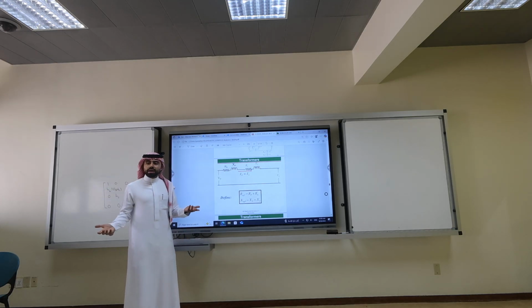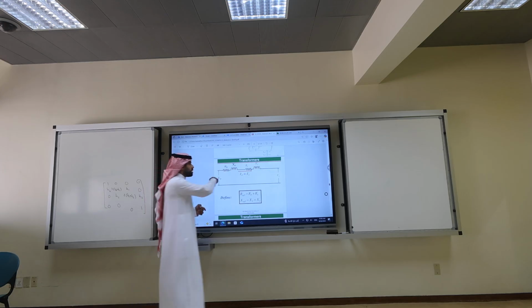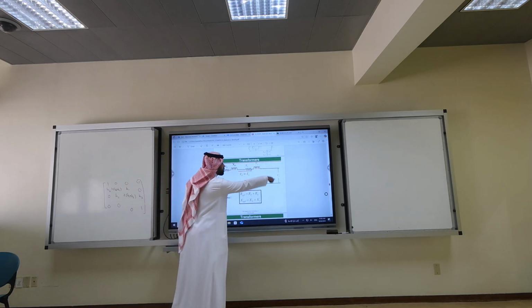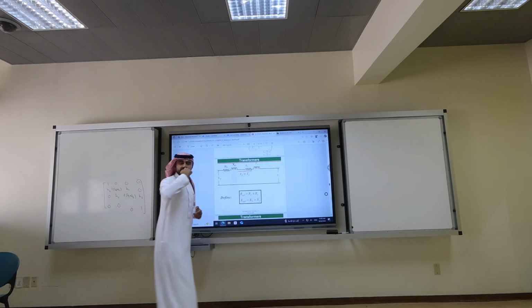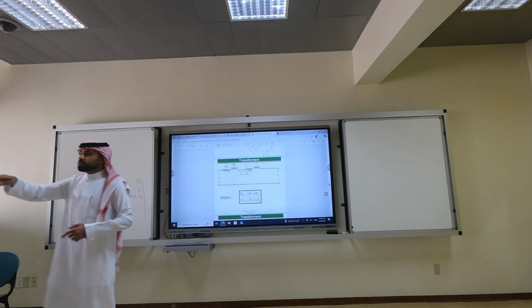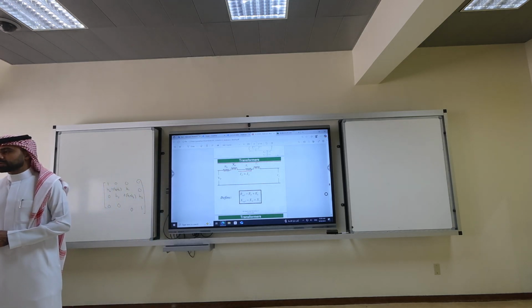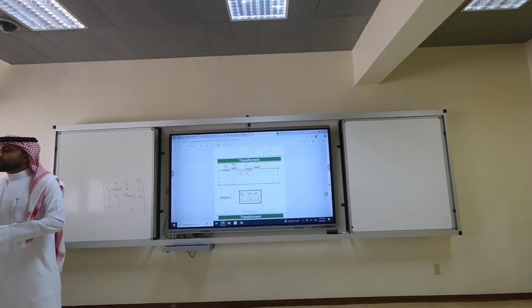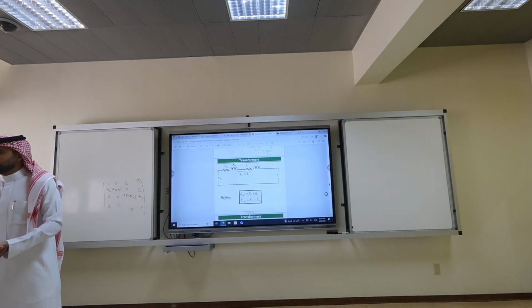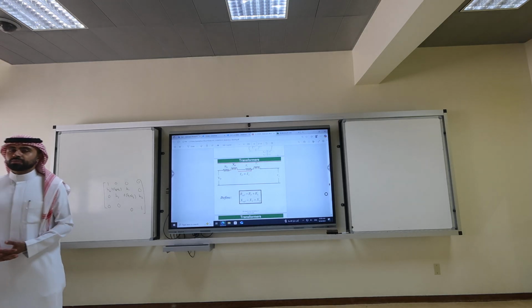How many equations do they need to do? Just 1 KVL across this loop. That is why I'm telling you, do not memorize the equations, because depending on which circuit you use, you have to derive the equations.